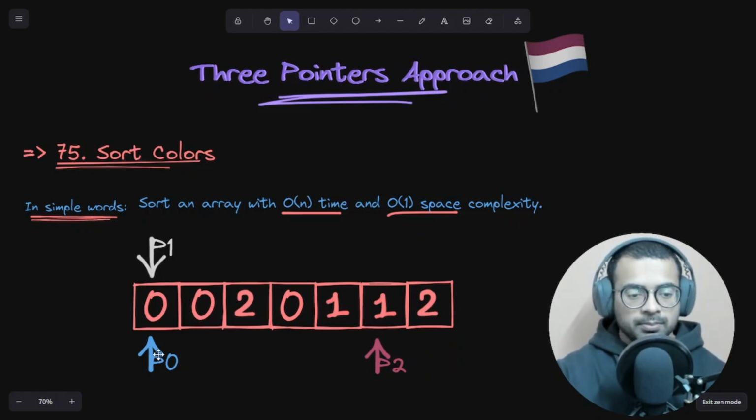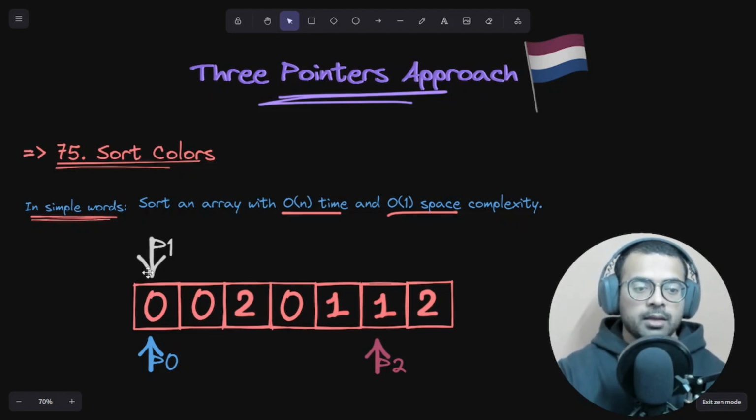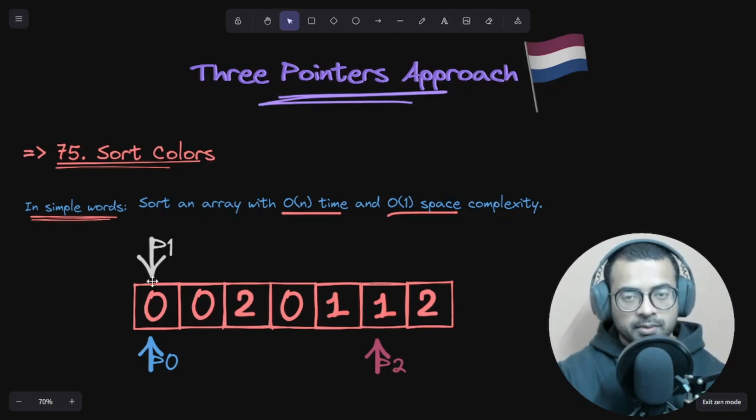P1 will stay here, P0 will stay here. Now P1 is pointing towards 0, so we will simply swap the element that P1 is pointing towards with the element that P0 is pointing towards.